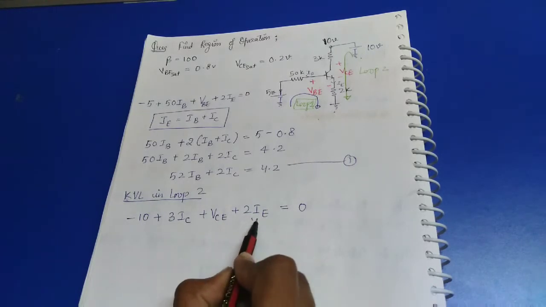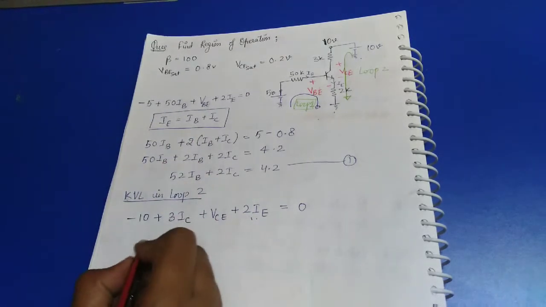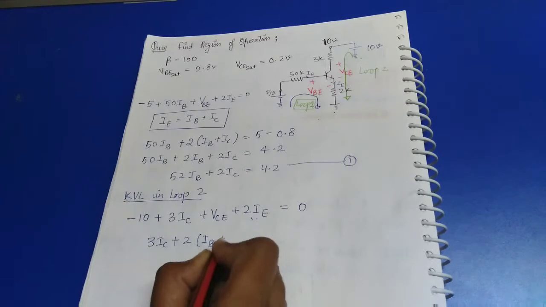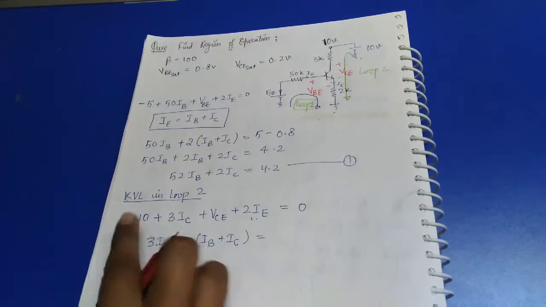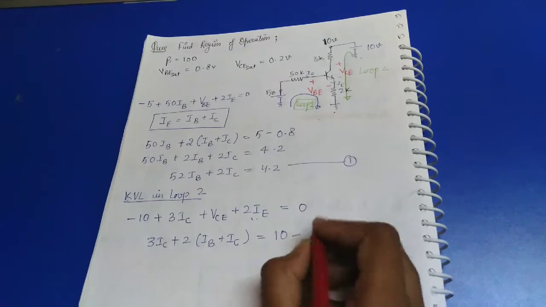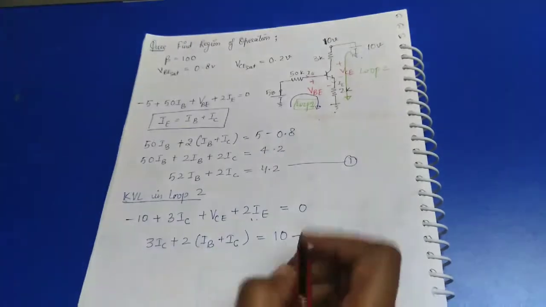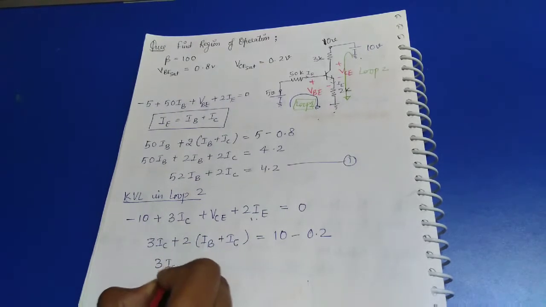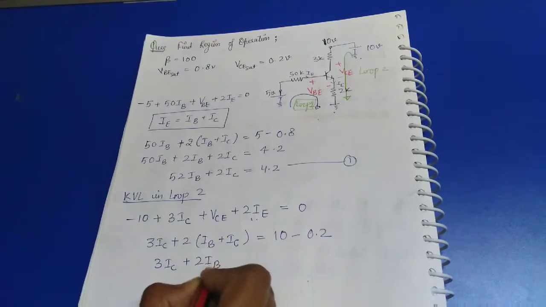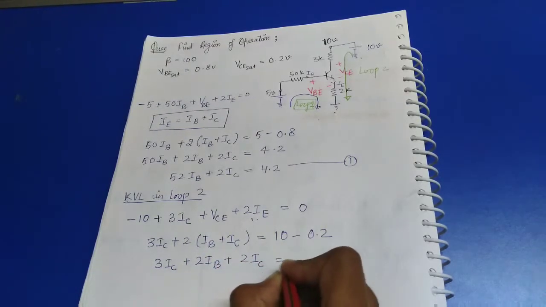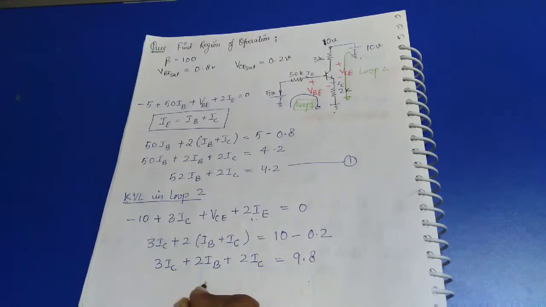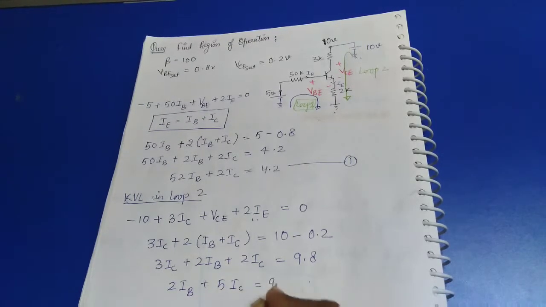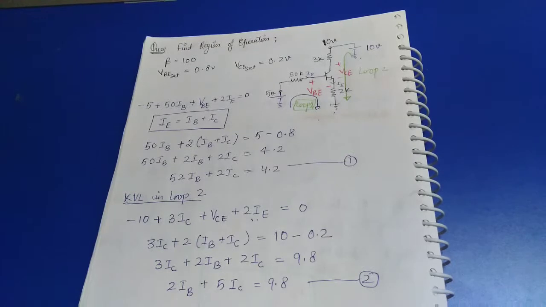Again replacing IE with IB plus IC, it becomes 3 IC plus 2 (IB plus IC), shifting 10 there, 10 minus the value of VCE saturation, 0.2 volts. So this becomes 3 IC plus 2 IB plus 2 IC equals 9.8, and this becomes 2 IB plus 5 IC equals 9.8. These are equations 1 and 2.